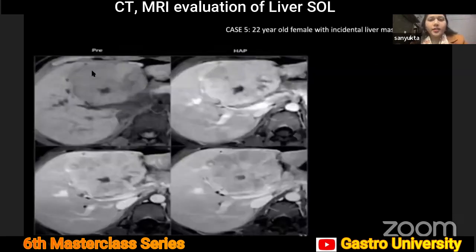No. So let's see. This was a 22-year-old female with an incidental mass. This is a pre-contrast MRI with a scar, and this is the hepatic arterial phase with enhancement, with the portal venous phase losing the contrast, and the delayed phase completely losing the contrast.